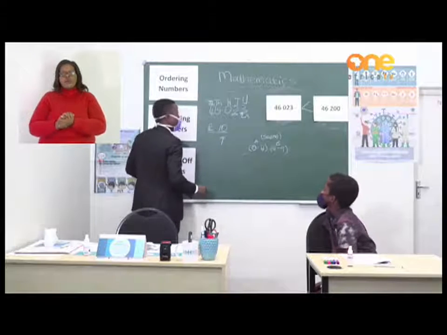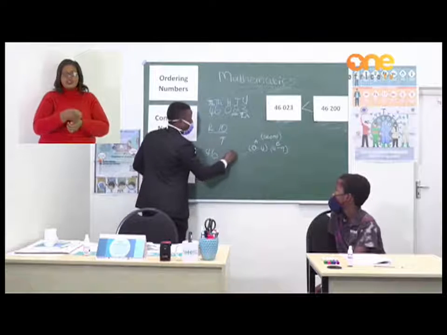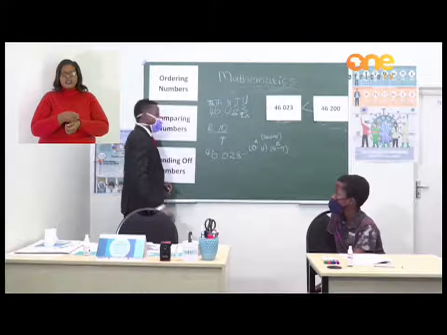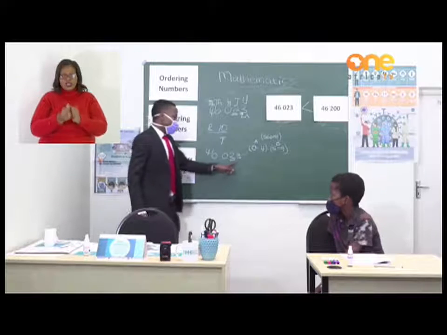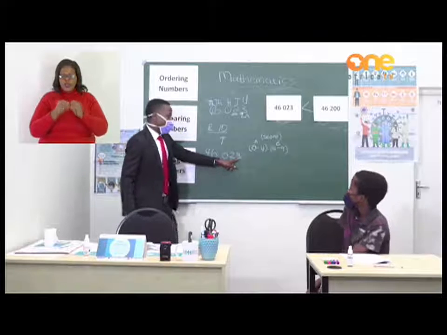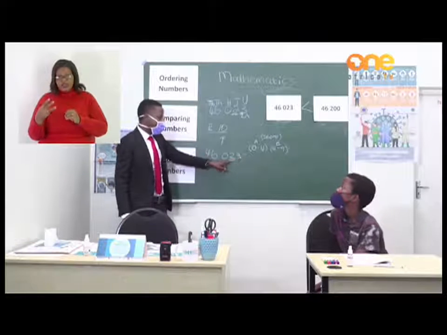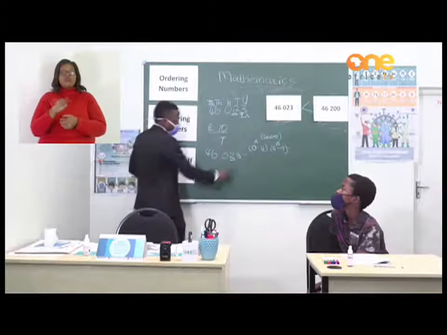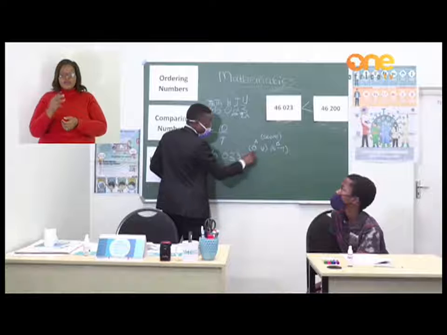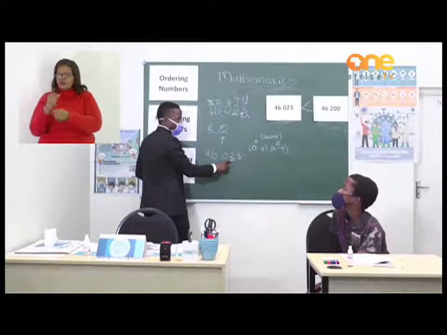Now let's go back to the number. You have 46,023. We are rounding off 2. The number we need to look at is 3. We ask ourselves a question. Can 3 change 2? Yes or no? If 3 falls under this category, it cannot change 2.